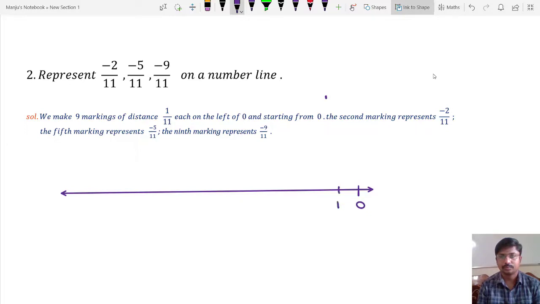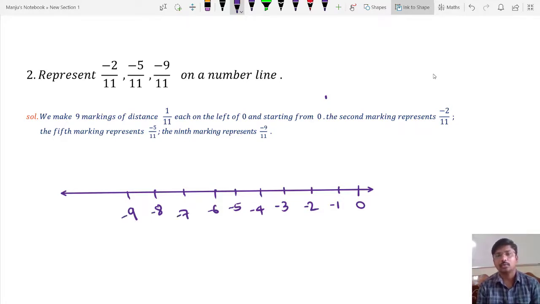0, 1, 2, 3, 4, 5, 6, 7, 8 and this is 9. Okay, 0 left side means these will be numbers with negative sign.